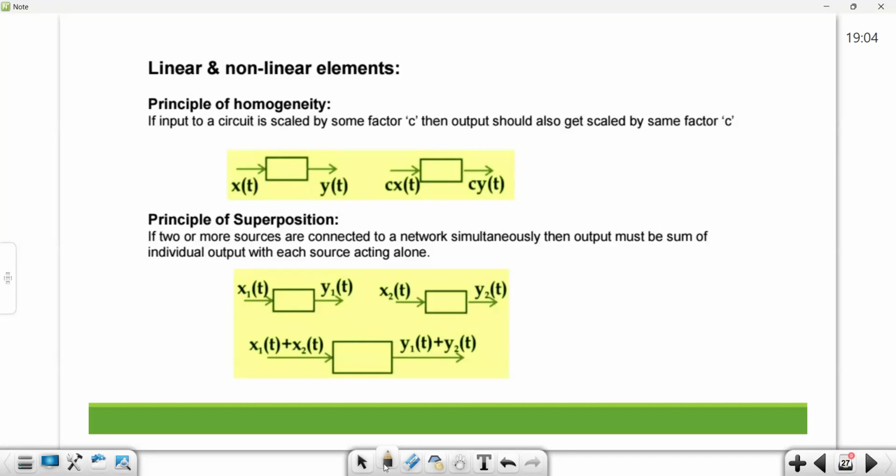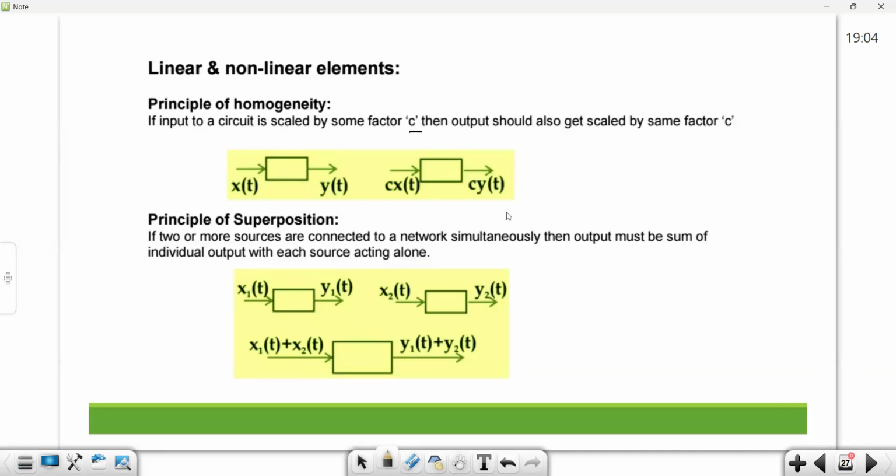If the input to a circuit is scaled by some factor C, then the output should also get scaled by the same factor. If input is multiplied by 2 times, then output should also get multiplied by 2 times. Then we will call it homogeneity.